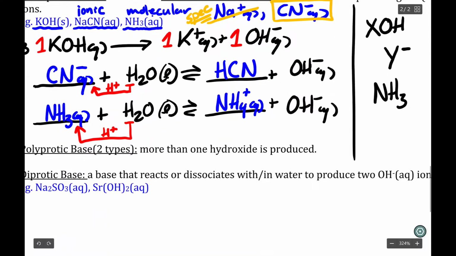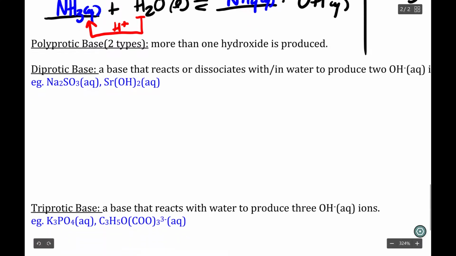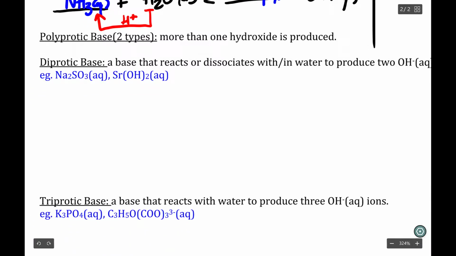So let's move on to polyprotic bases then. So there's two types, just like there's two types of polyprotic acids. So you have a diprotic, which of course would have the ability to create 2 hydroxides, and triprotic would have the ability to create 3.